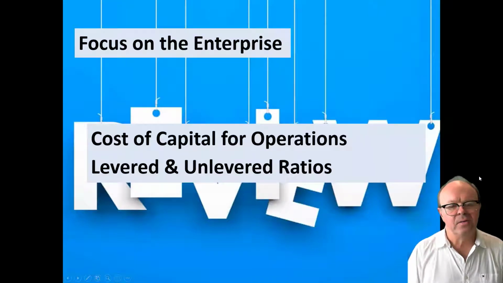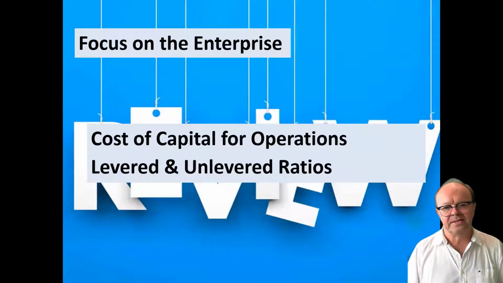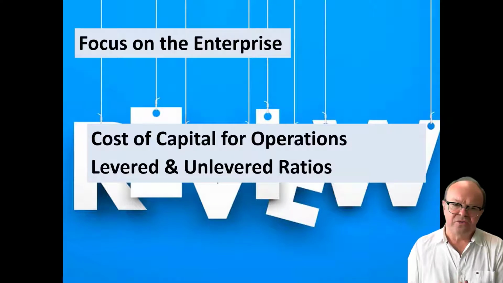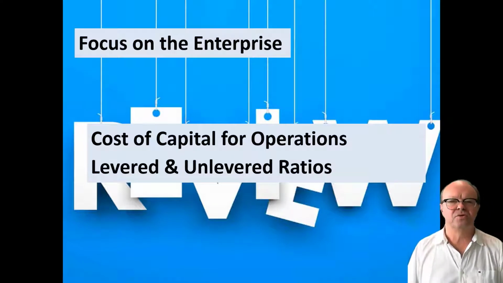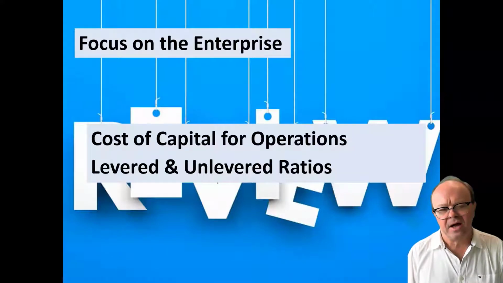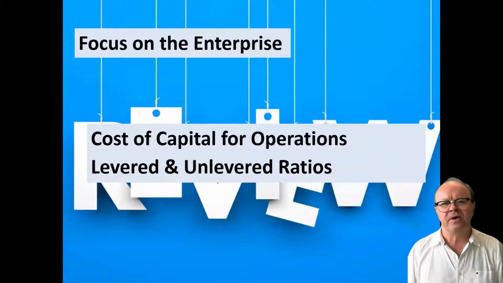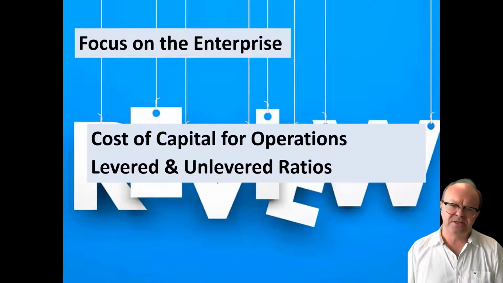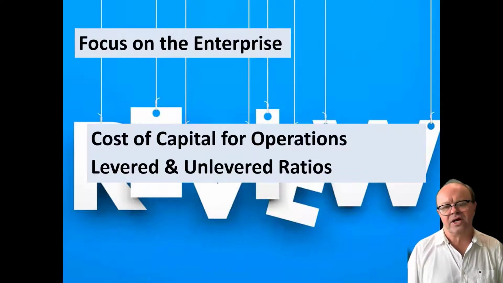Now, last week, we focused on the enterprise, and we focused on the cost of capital for operations, the weighted average cost of capital. We used that as we focused on the enterprise, and that doesn't change with changes in debt, or changes in financial structure.